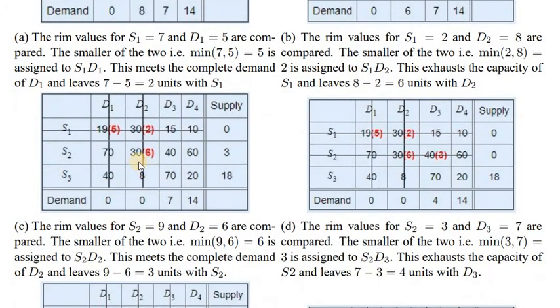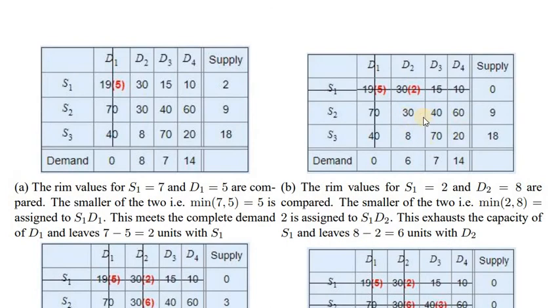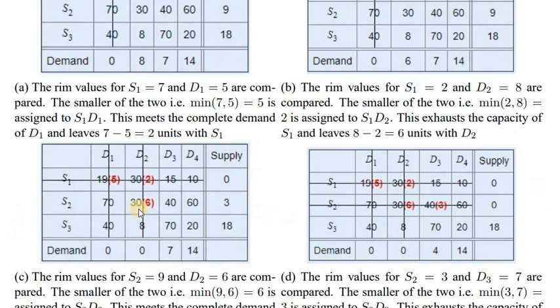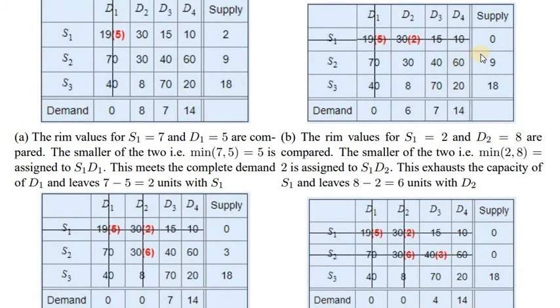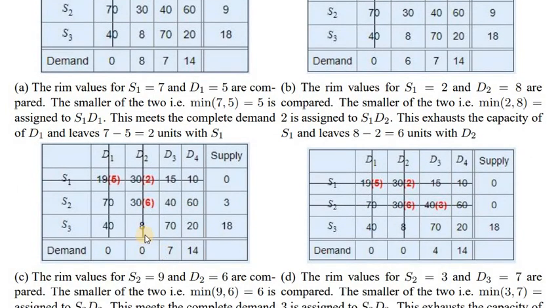Similarly, in the remaining cells, the 30 is in another column. In this 30, the minimum of 6 and 9 is 6. So we assign 6 units in that cell and subtract 6 from here and subtract 6 from 9, so we get 3 over here.